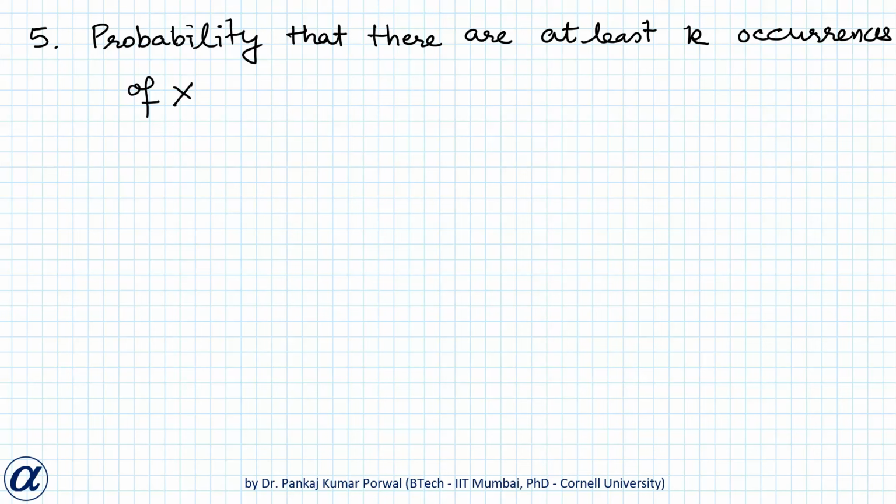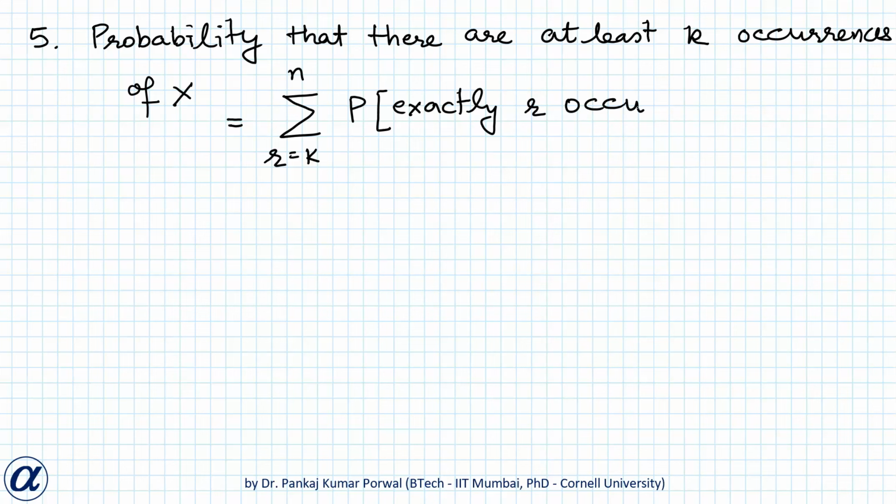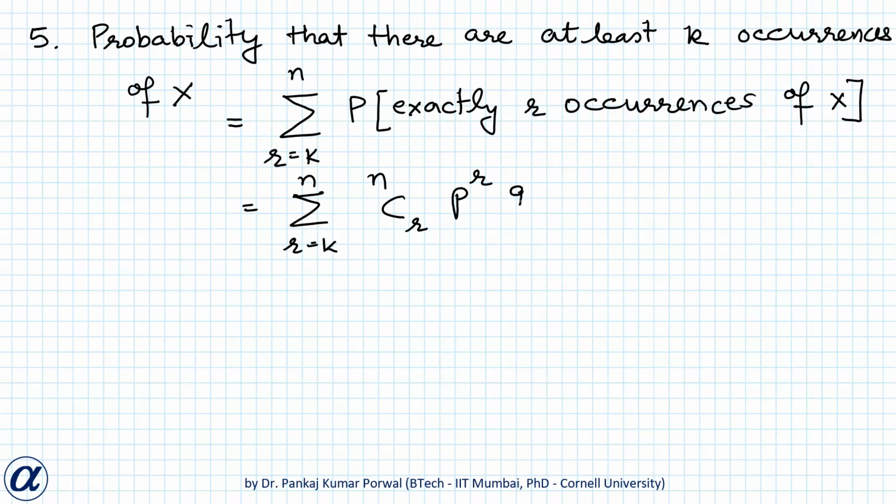So this probability can be written as the sum over r from k up to n of the probability of exactly r occurrences of x, and that we can write as sigma r from k to n of nCr p to the power r q to the power n minus r.